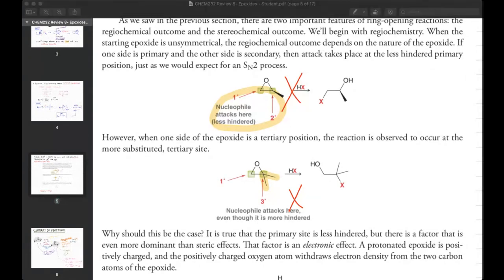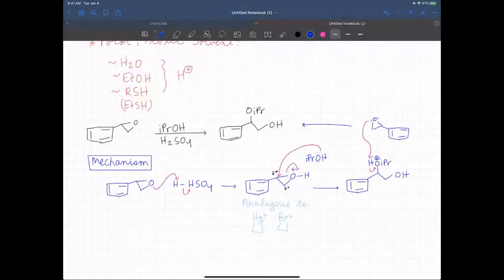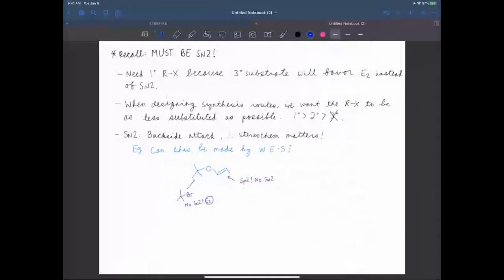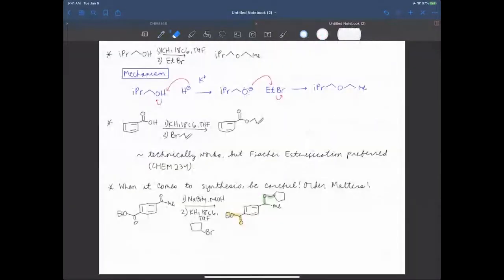All right. Yeah, that's all I have to say with regards to the textbook, because that's a really glaring mistake there. Okay, so this is all you need to know for epoxides.